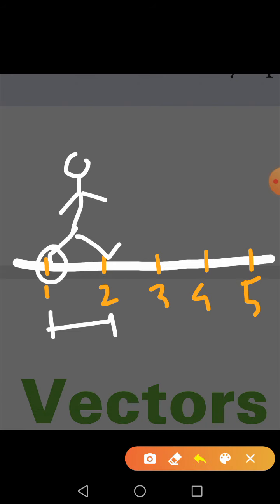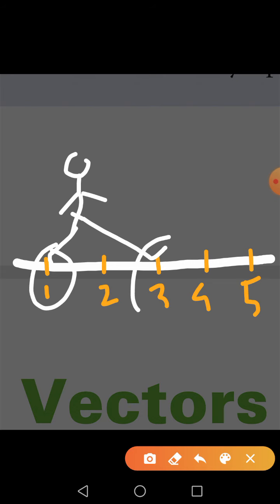Now, if however your steps are not like this, instead your steps are like this. Okay. So look, your one leg is at 1 and another leg is at 3. Okay. So each of your step is now not equal to a unit vector. Each of your steps will be equal to 2 units.